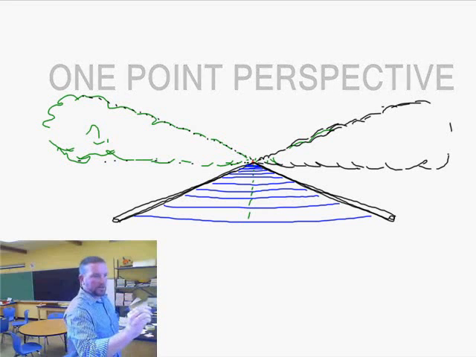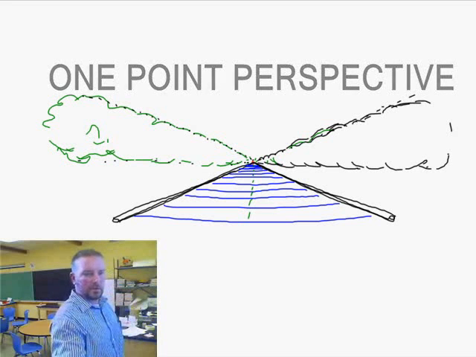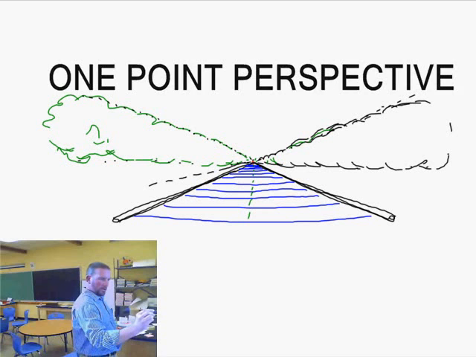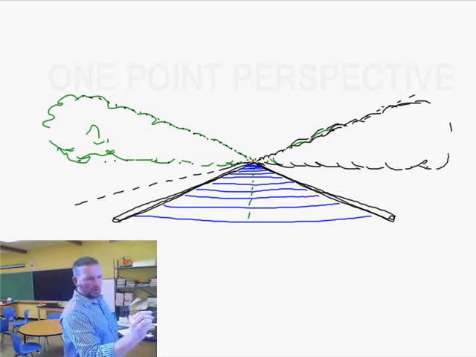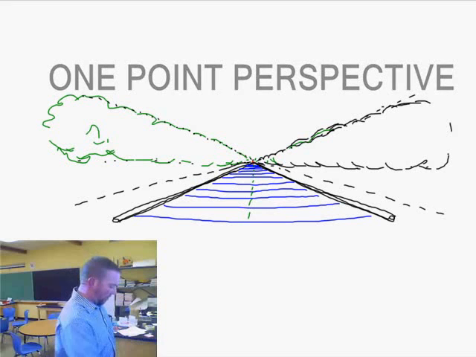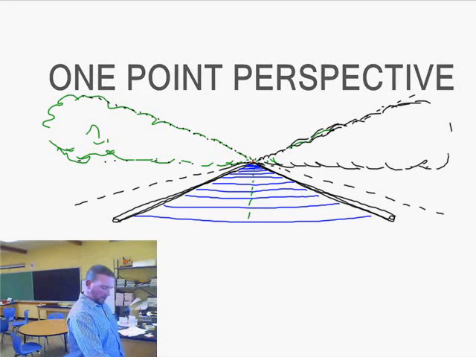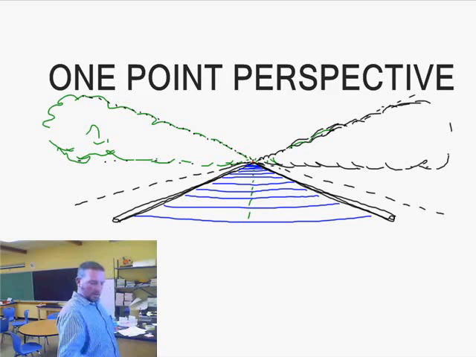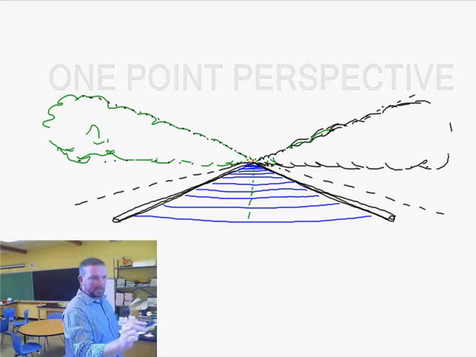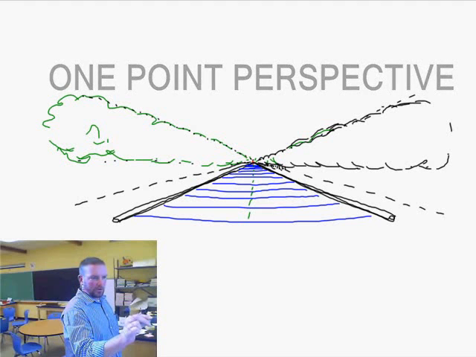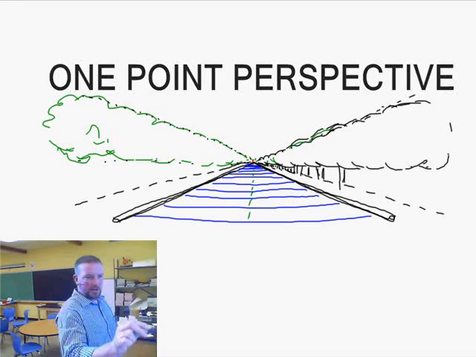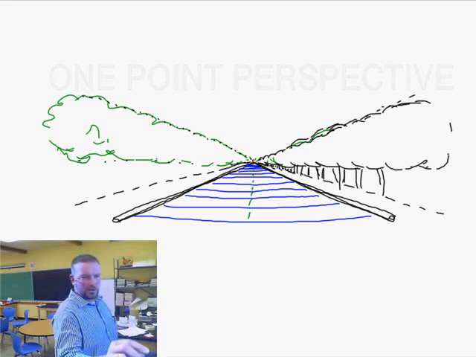Sorry. Now you're saying I'm missing the trunks of the trees, and I am. Theoretically, those as well would appear to go to, or pinch off at, that single vanishing point. So let's say they're all perfectly 40 feet tall, and again, like the railroad slats, those trunks are all jumbled up in the distance, and as they come out towards where I'm standing in my picture, they start to spread apart.